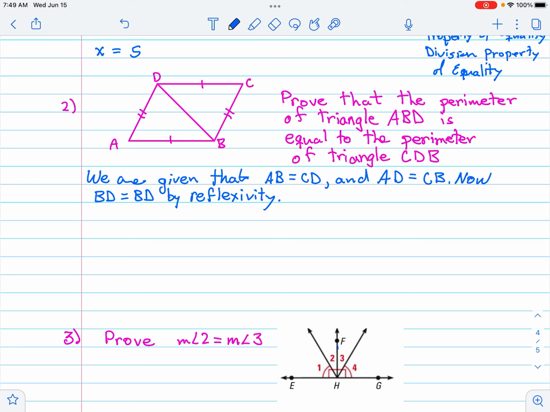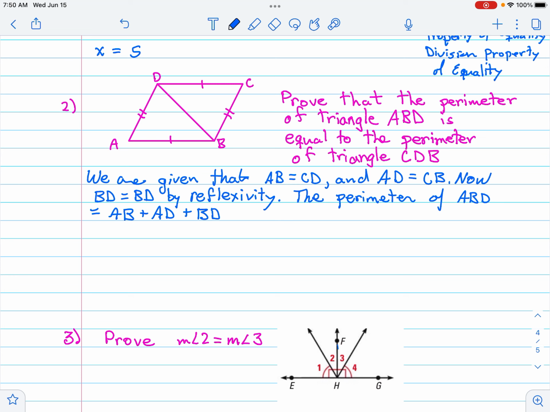Let's do this. At this point, we're ready to say this. The perimeter of, let's say, ABD is equal to, let's see what we've got, AB plus AD plus BD.